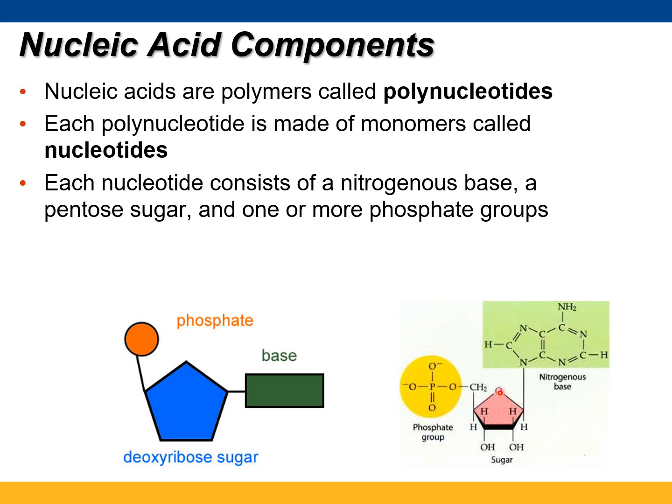You can see the oxygen here, and you go clockwise, 1, 2, 3, 4, 5. And you put a prime by it, 1 prime, 2 prime, 3 prime, 4 prime, and 5 prime, and then one or more phosphates. So a nucleotide has all 3 of those functional groups covalently bonded together.